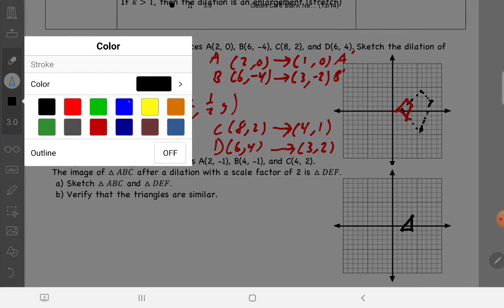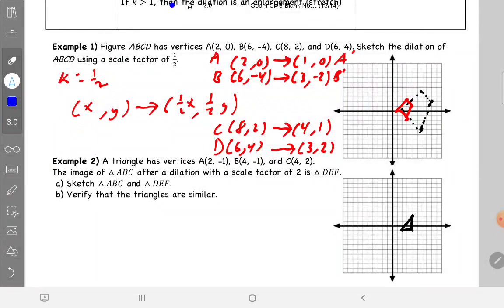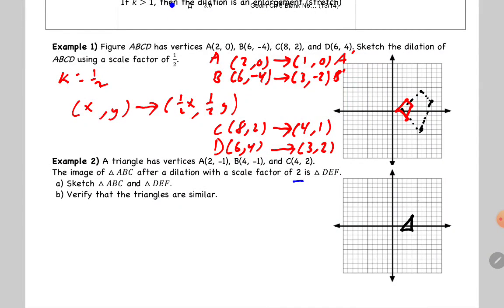And let's make blue this time. It looks like we're enlarging because our scale factor is bigger than 1. A scale factor of 2 means I'm going to take (2, -1) and multiply by 2. So 2 times 2 is 4, 2 times -1 is -2.